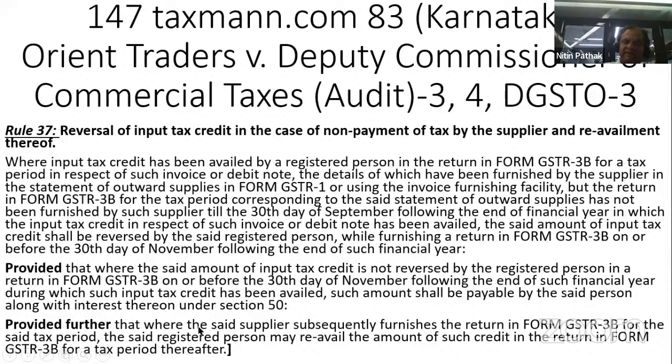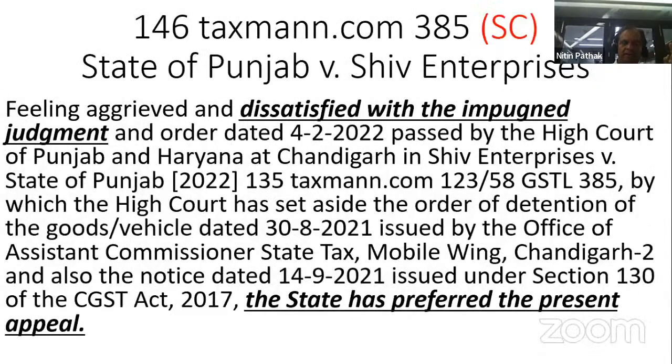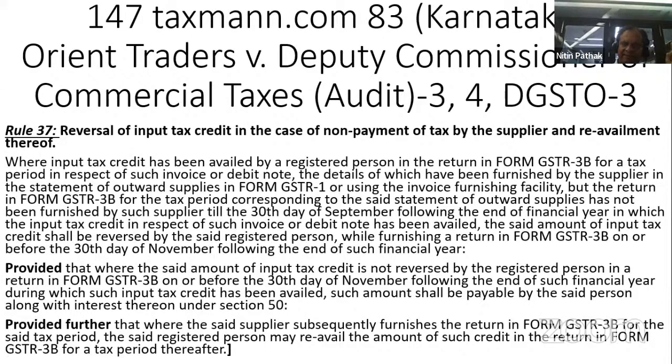Provided further that where the supplier subsequently furnishes GSTR-3B for the said tax period, the registered person may re-avail the credit. Once it is filed by them, you can claim it even after 2 years also. So I have explained ITC for the purpose of clarity, so that you don't miss that in your return.